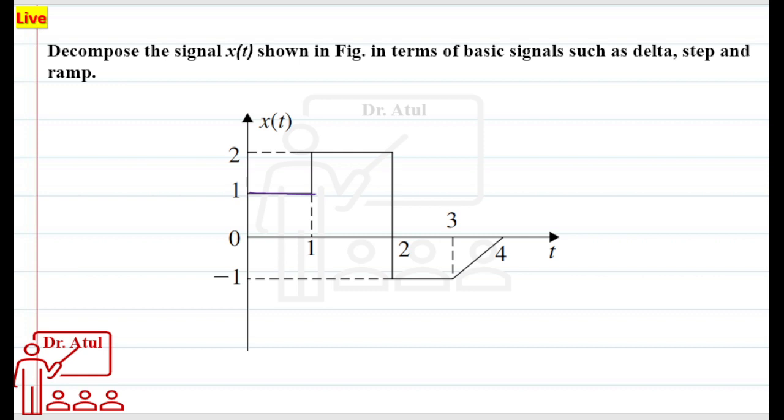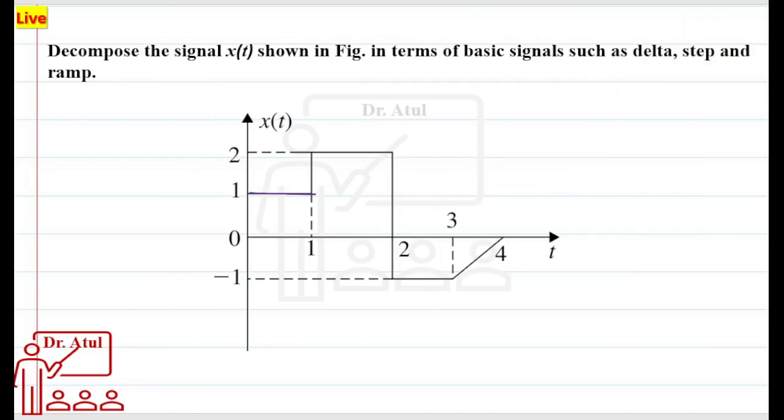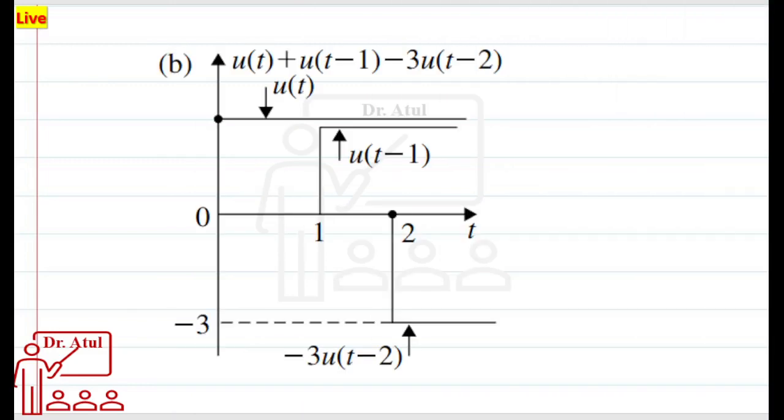Then we can see how we can decompose it into small signals, and how those signals will be useful for the proper representation of the signal by using the basic signals. So let me take u of t, then u of t minus 1.